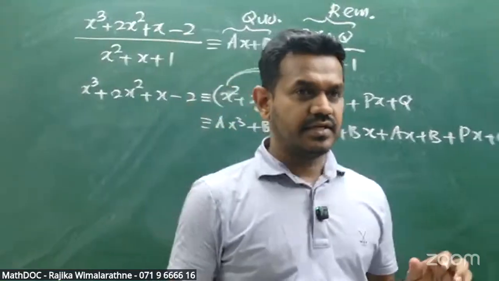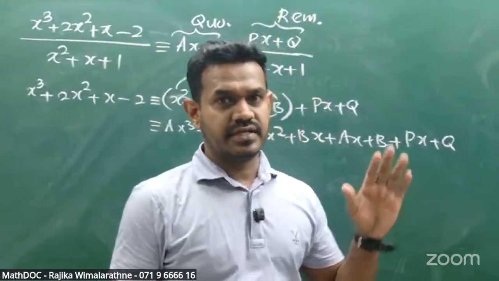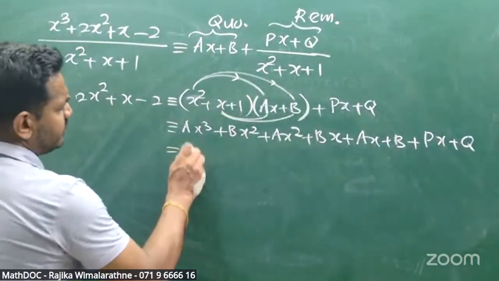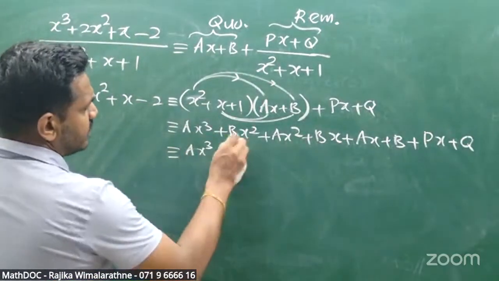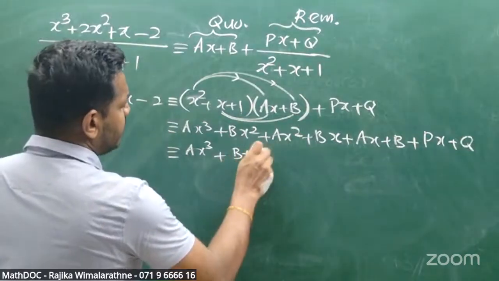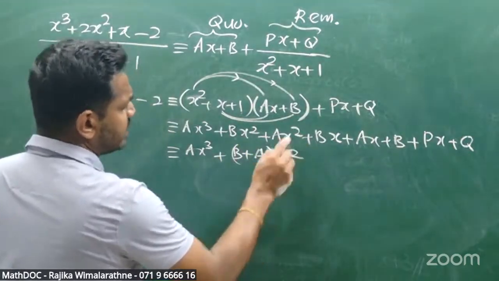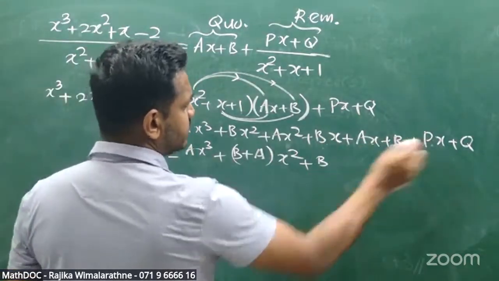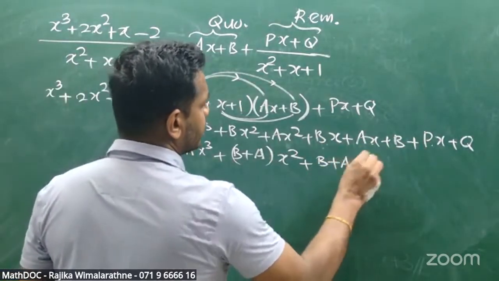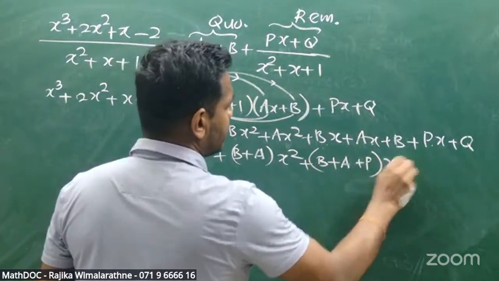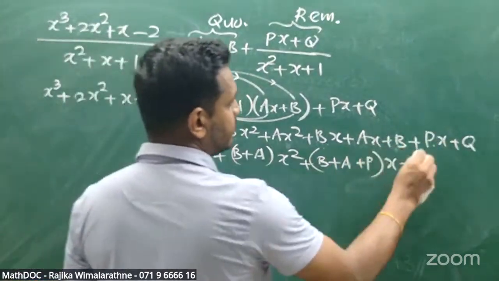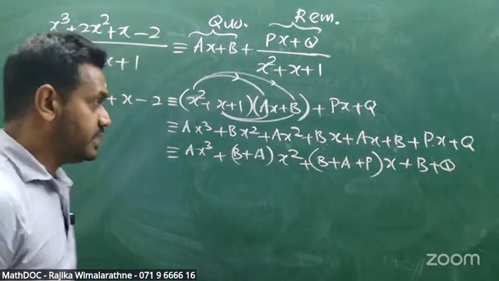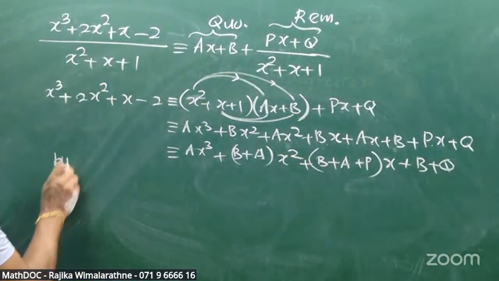Then thereafter, arrange similar terms together. So here ax cubed. Then here b plus a times x squared. Then a plus b plus p, plus b plus q. Likewise, arrange similar type terms together. Now equate coefficients.